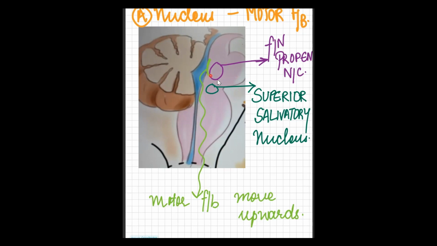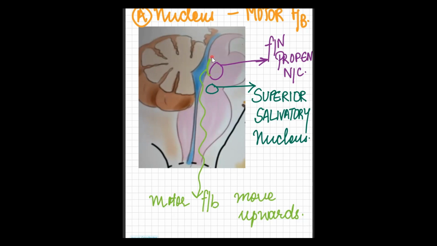When the motor fibers come out of this facial nerve motor nucleus, they follow a backward course instead of a forward course, towards the base of the fourth ventricle.